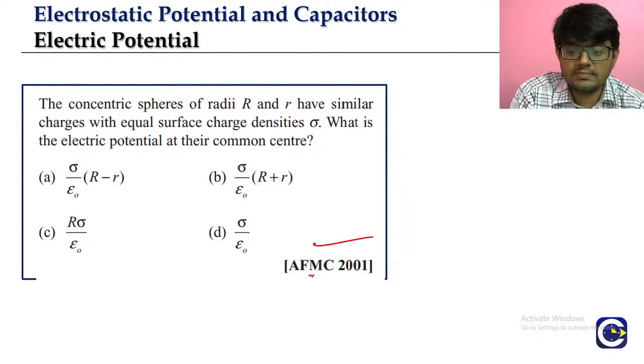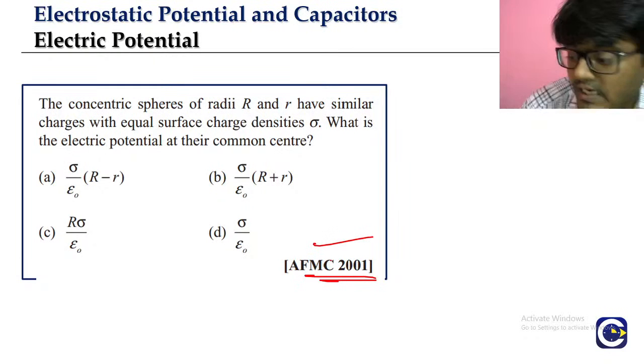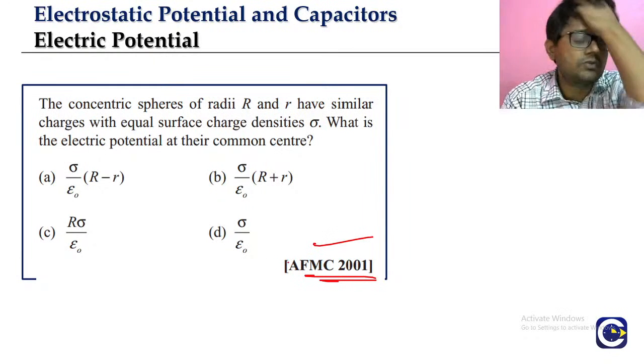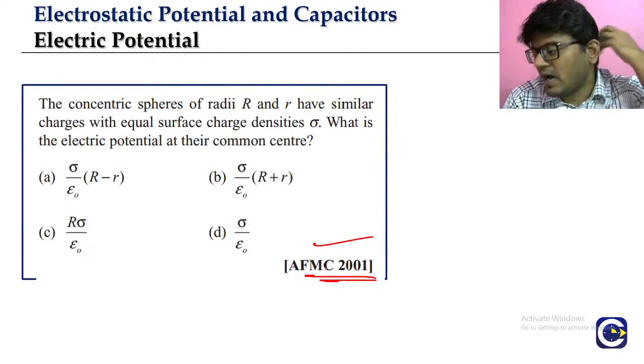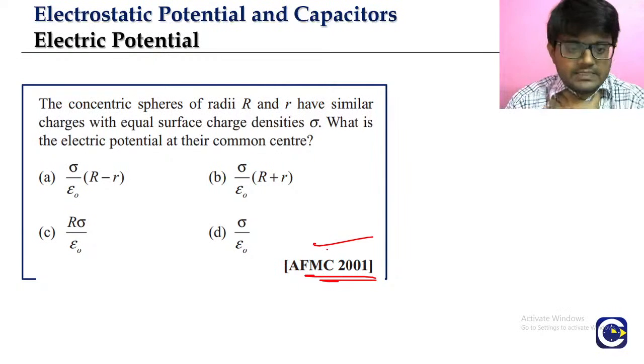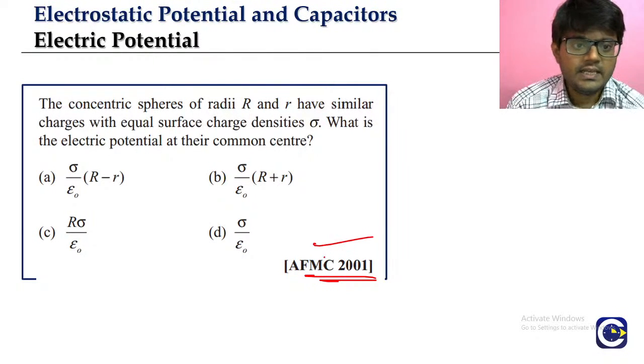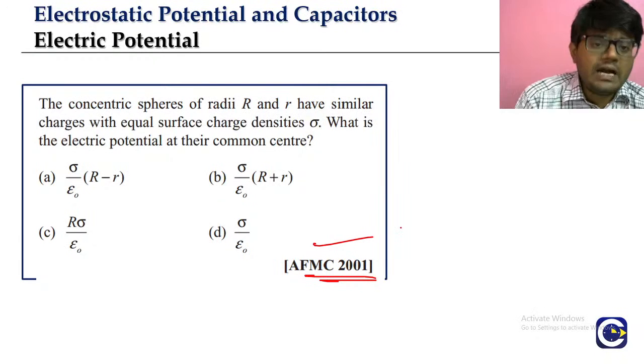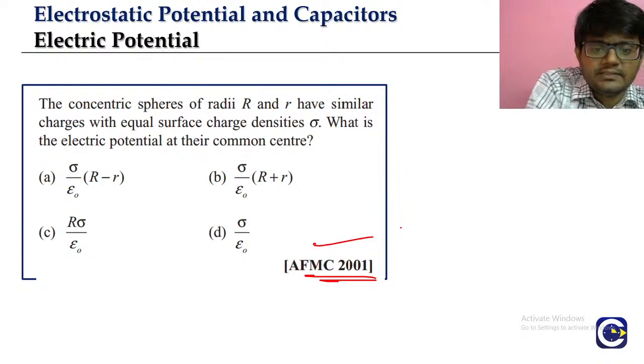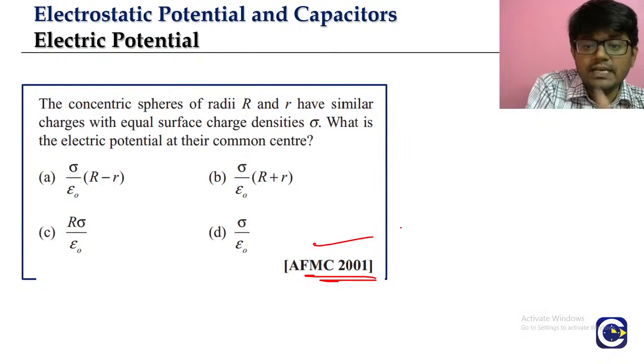This question has come in the previous year AFMC. Earlier we used to have so many examinations; for the Armed Forces Medical College we used to have a separate entrance exam. Now you have eligibility based on NEET. They will mention some cutoff mark, and if you are above the cutoff mark you will be eligible. They'll have some internal mechanism, like aptitude and solidity, some small procedure, but you should be getting into the Armed Forces Medical College.